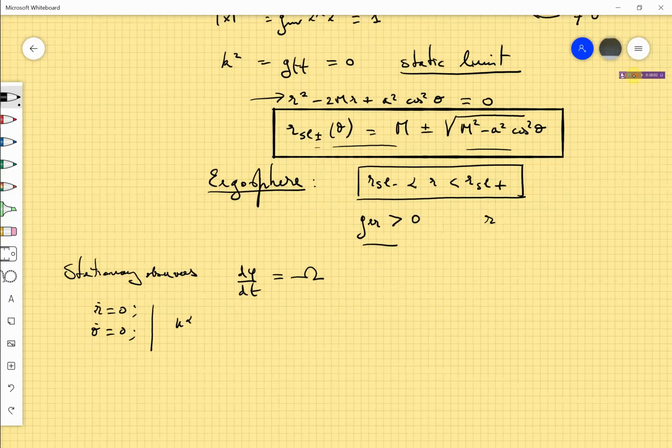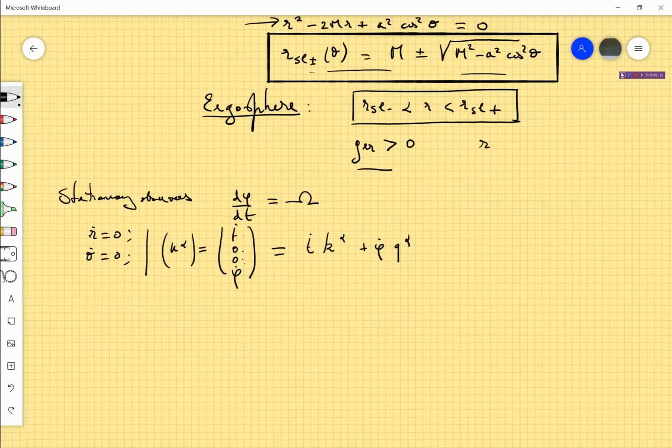In this case, these observers have a velocity that has only components t dot, phi dot, 0, 0. Maybe not in this order, but it doesn't really matter for what we are going to do. If we write this in this form, this is going to be t dot k alpha, because k alpha has components 1, 0, 0, 0, so the coefficient would be t dot, and this is phi dot q alpha.